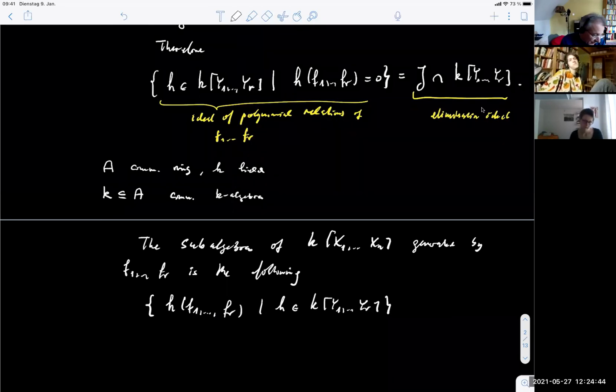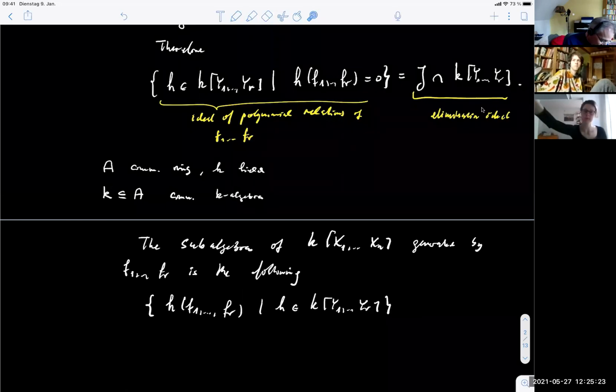This is just a polynomial expression in the f's, anything you can obtain by addition, subtraction, multiplication, and using any field element. You immediately check this is a subalgebra. It contains F1 up to Fr, and any subalgebra containing F1 up to Fr has to contain these expressions.